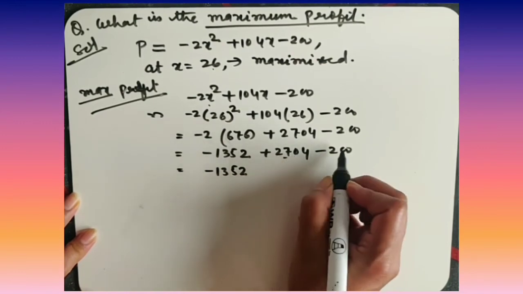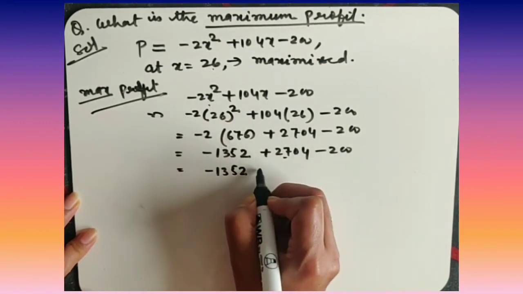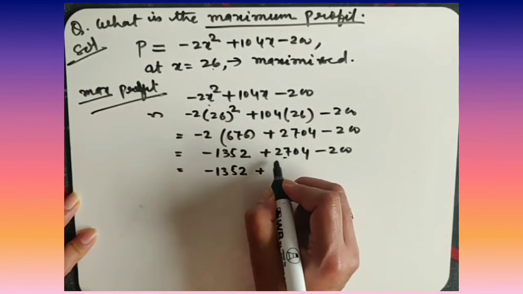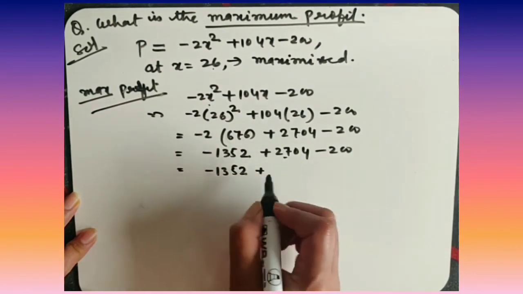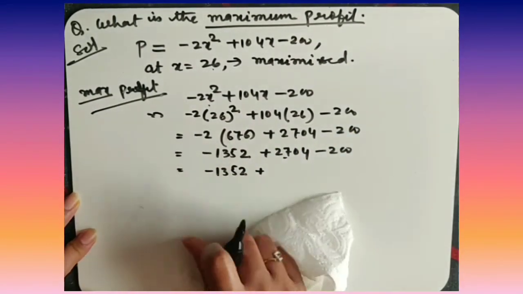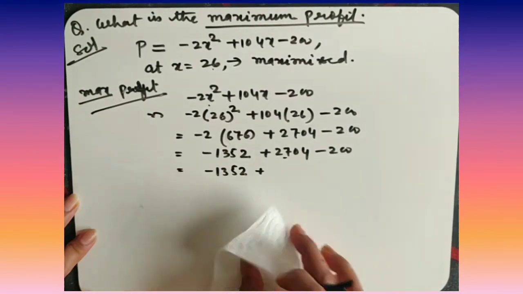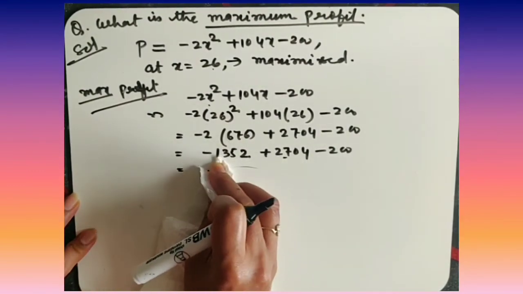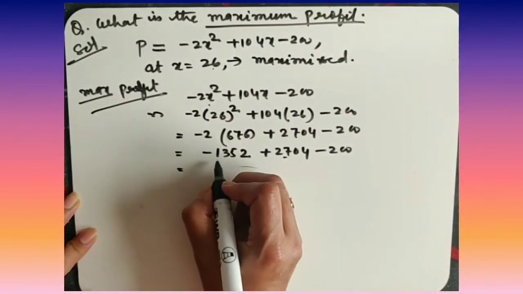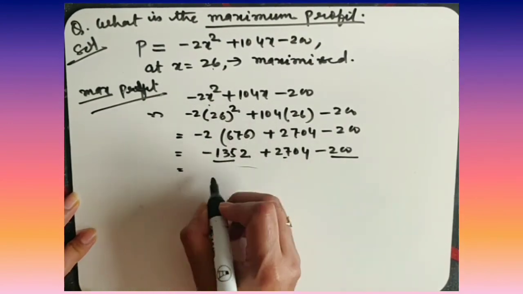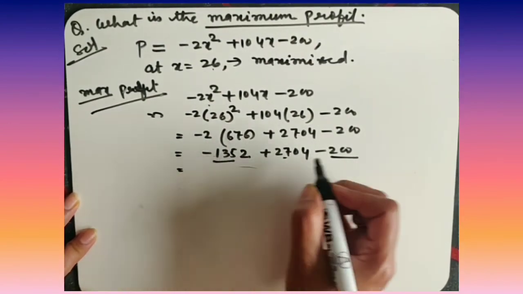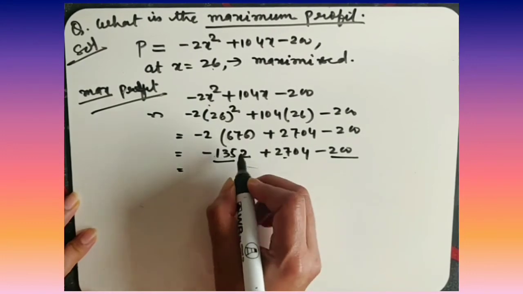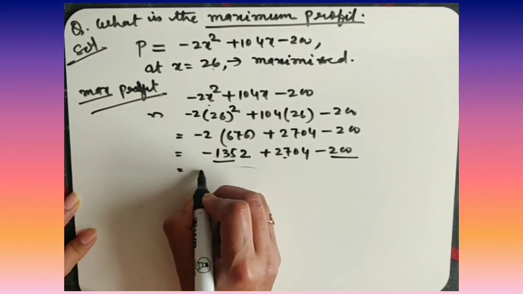Then calculate 2704 minus 200. Minus 1352 minus 200 will be, we can add them but the minus sign will be there.